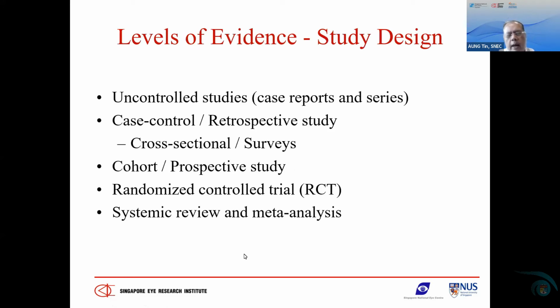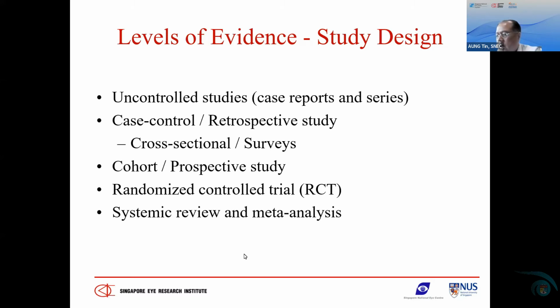Now, there are different study designs, as you know, and the lowest or poorest level of evidence is the so-called case report or case series. You find an interesting case, you write it up and report it, but that's very low level evidence because it's just one freak case.